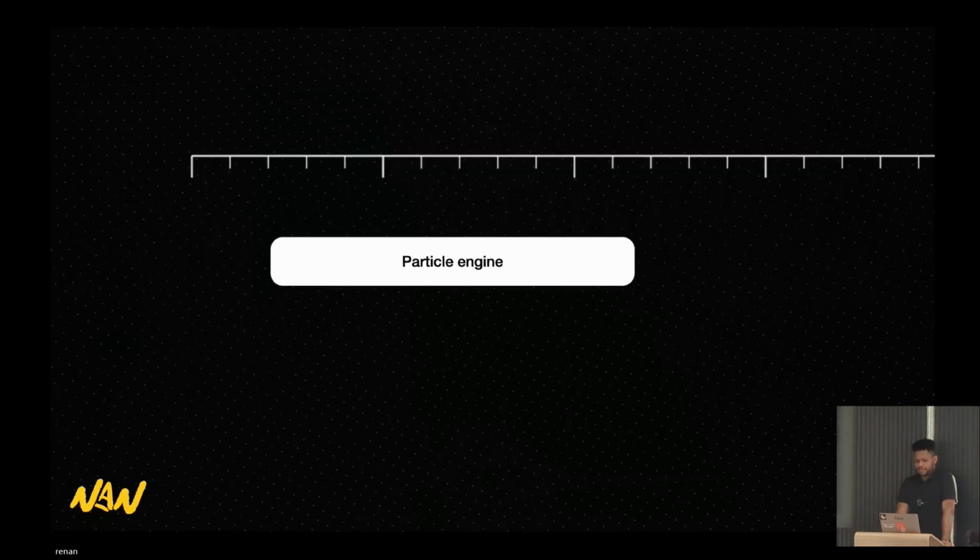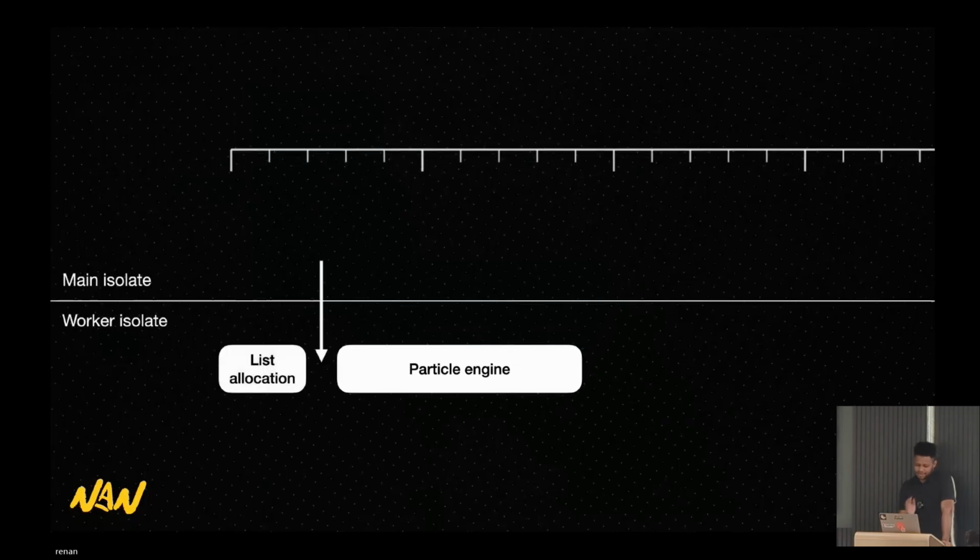All right, so it's going to look like this. We have a main isolate, and we will send the inputs. The list can be allocated only once while the worker isolate is alive, and then we can keep updating on new frames. So we don't have an allocation on every frame anymore, but there's a problem. We have to communicate back the coordinates of the particles on every update.